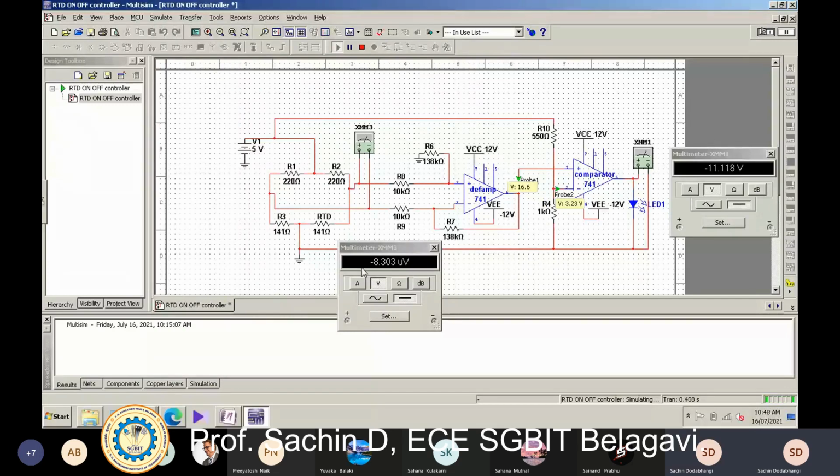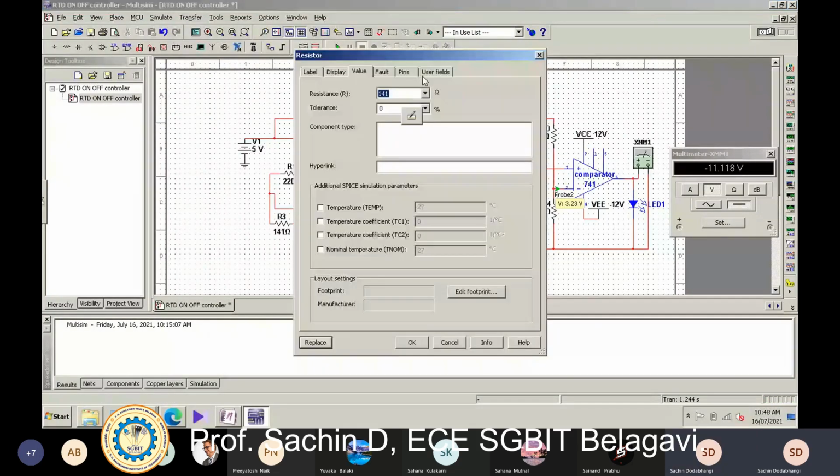It is almost minus 8.303 microvolt, which means almost zero it is. It is in terms of microvolt, first multimeter, it is almost 0 volt. So for less than 100 degree centigrade, it is off. For more than 100 degree centigrade, it is on. So again, I'll change this resistance value. For more than 100 degree centigrade means more than 171 ohm.